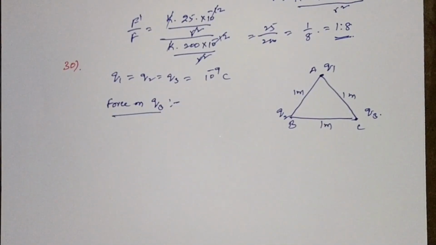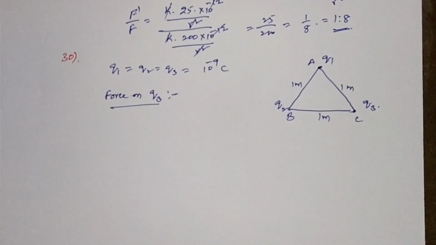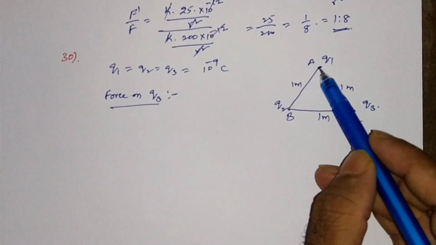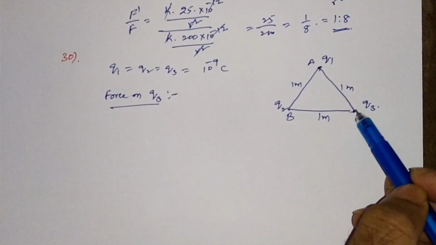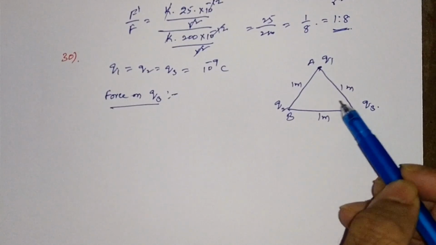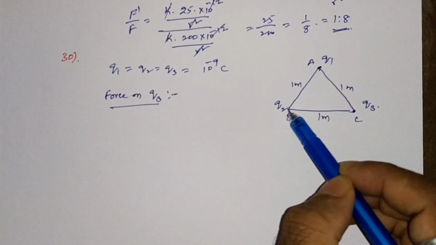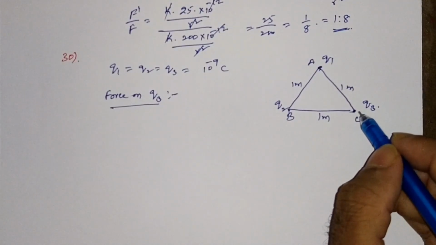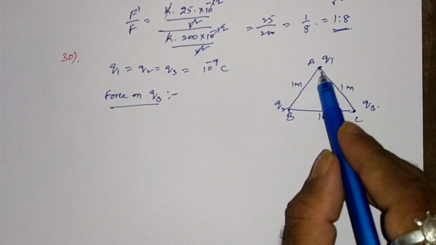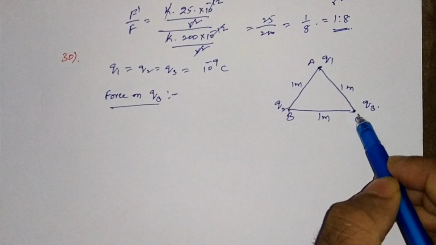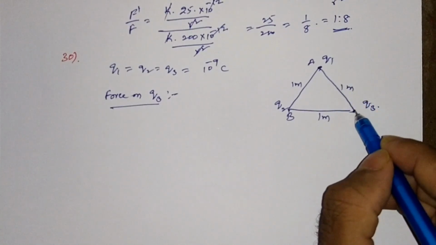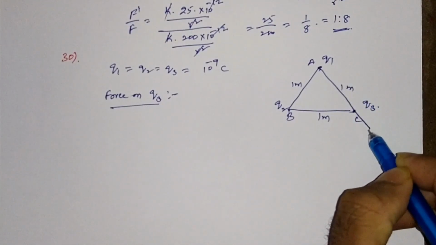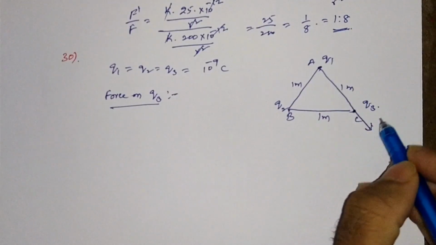I am going to calculate the net force. Net force means force due to charge Q1 on Q3, and force due to charge Q2 on Q3. Let us draw first in what direction they are acting. As these two are like charges, they repel each other, so the force will act along the line joining them.